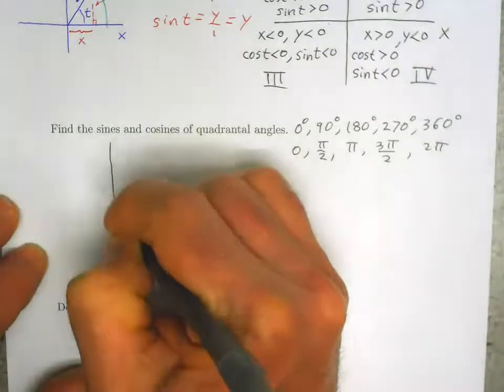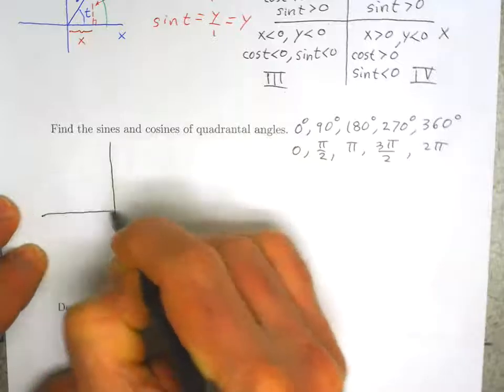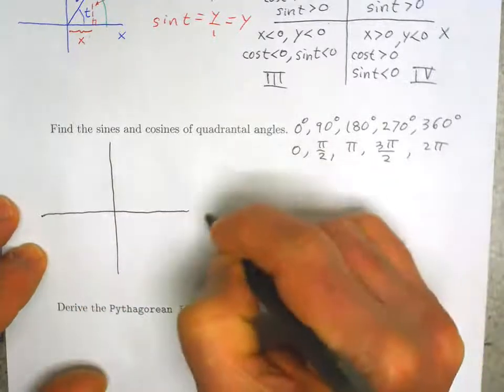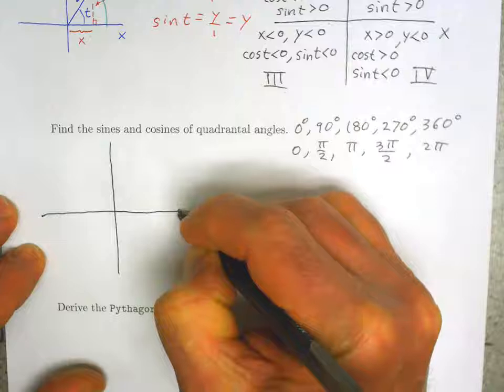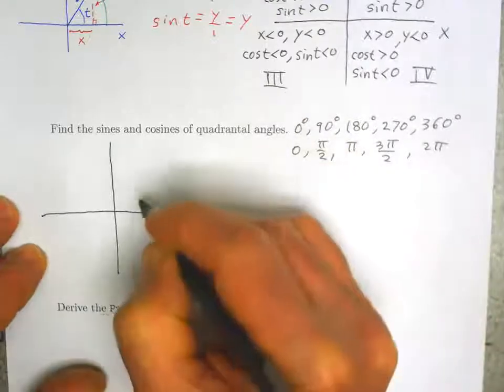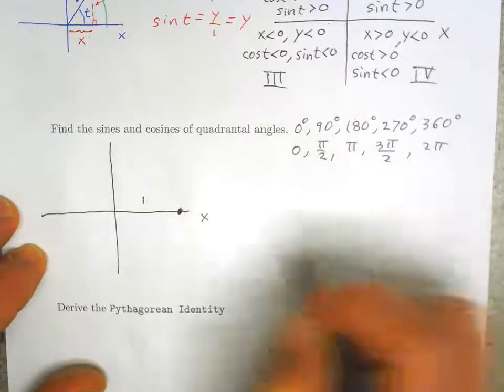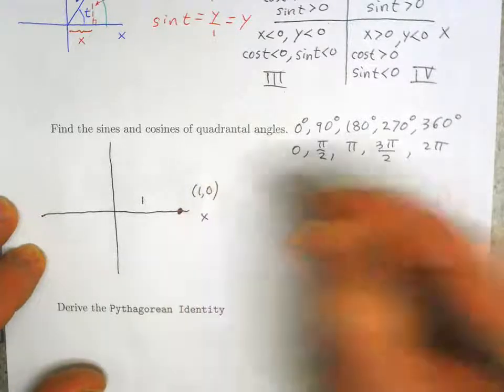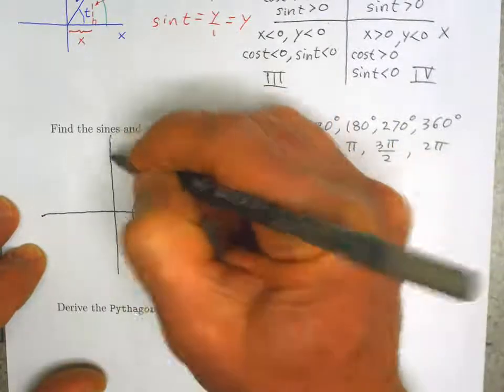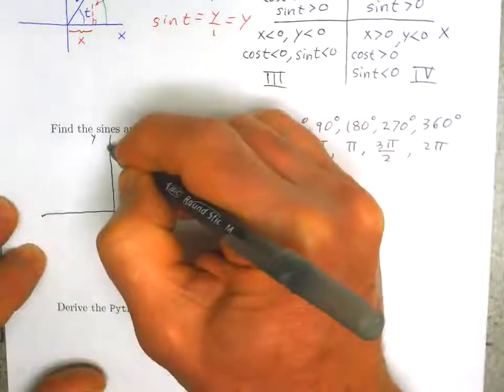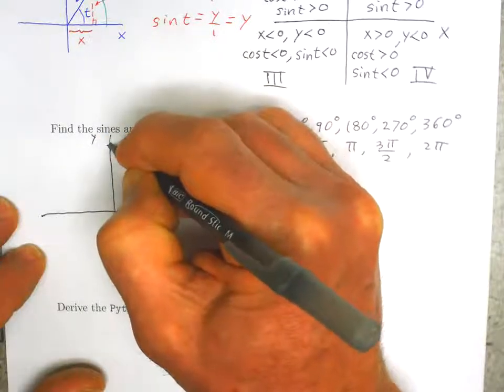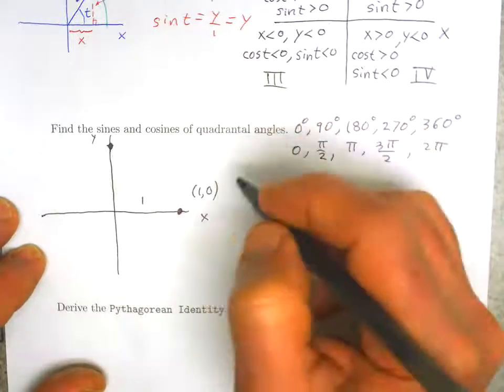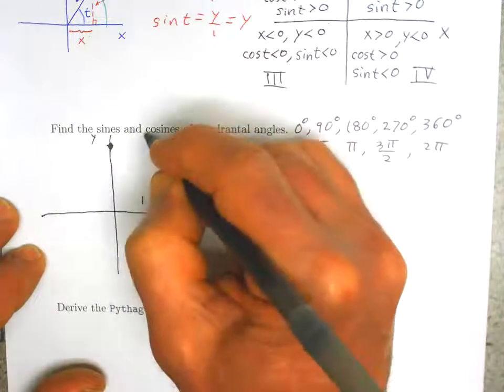On the unit circle, well, on the x-axis, if the radius is 1, this ordered pair is (1, 0). On the y-axis, this ordered pair is (0, 1).